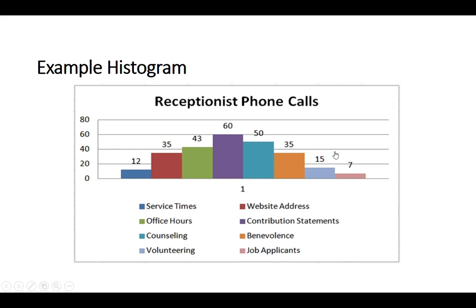And on this side, 20, 40, 60, 80. That is the frequency, the number of calls. If, for example, this is 43, you see 43 is just above 40.